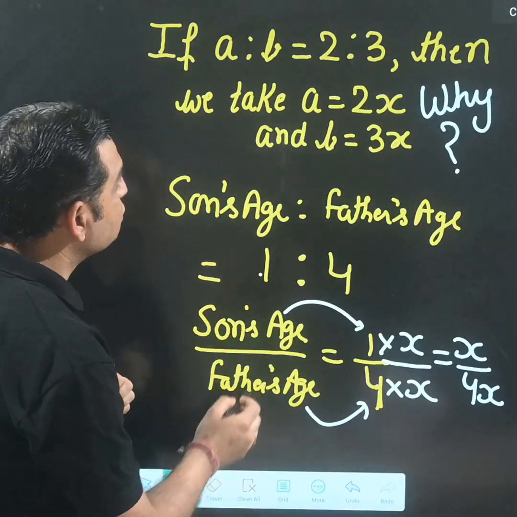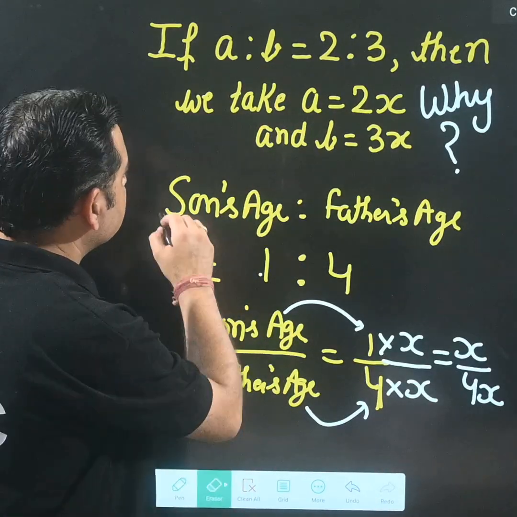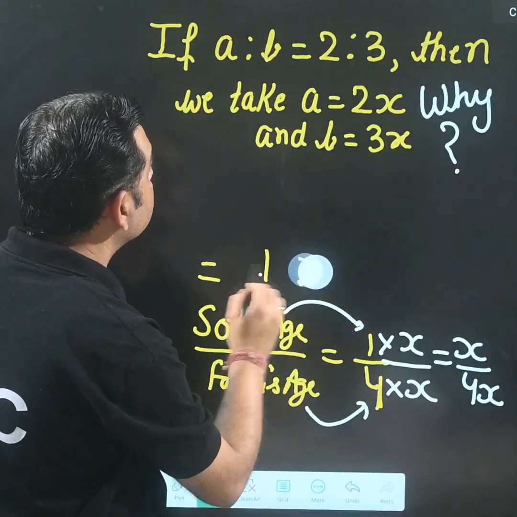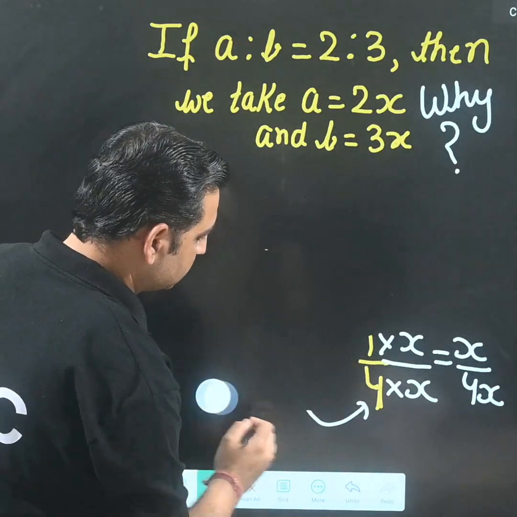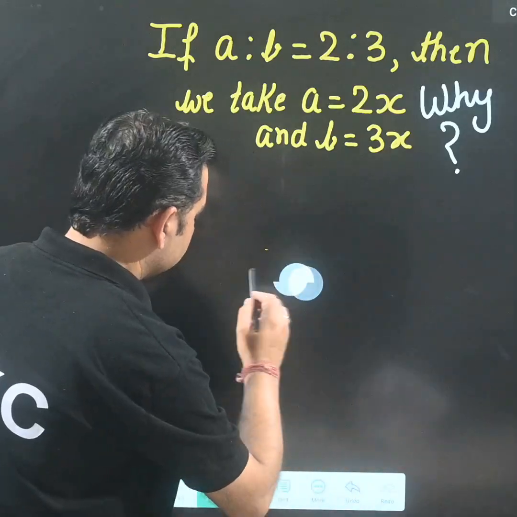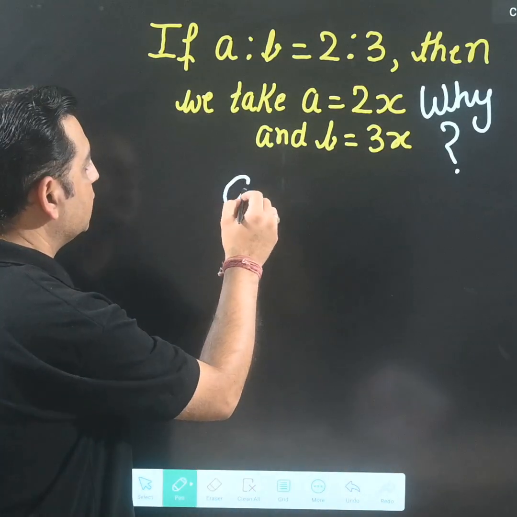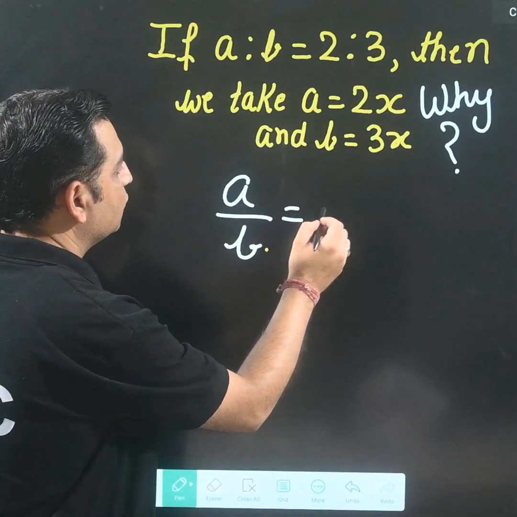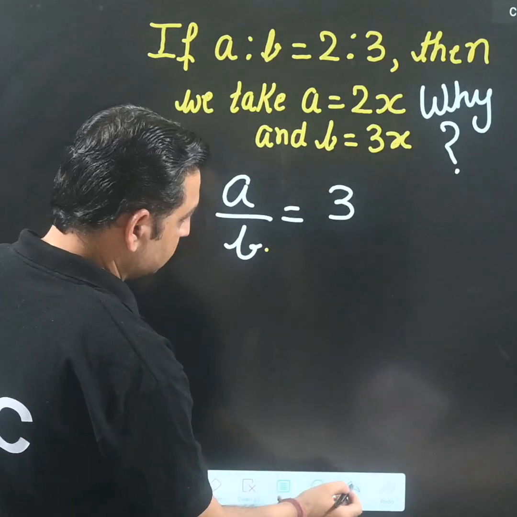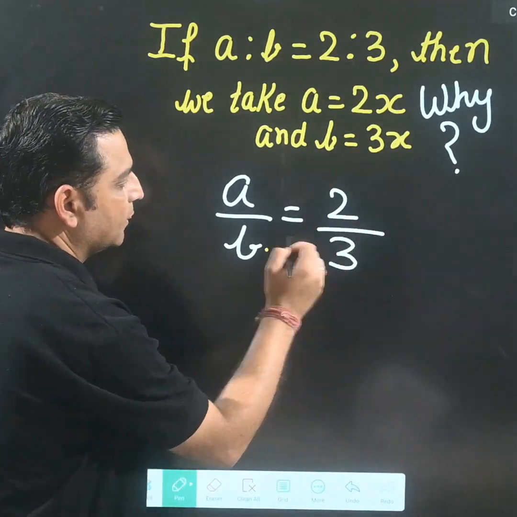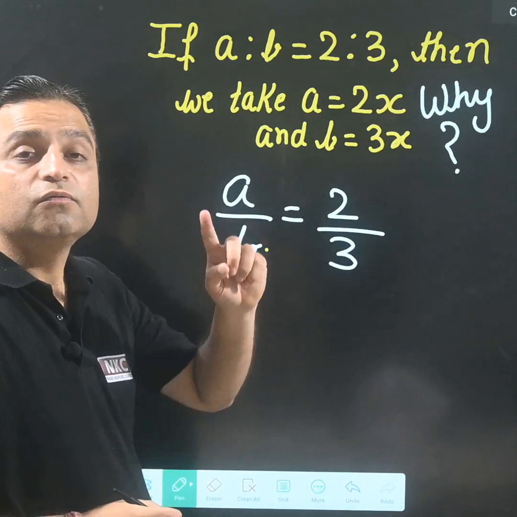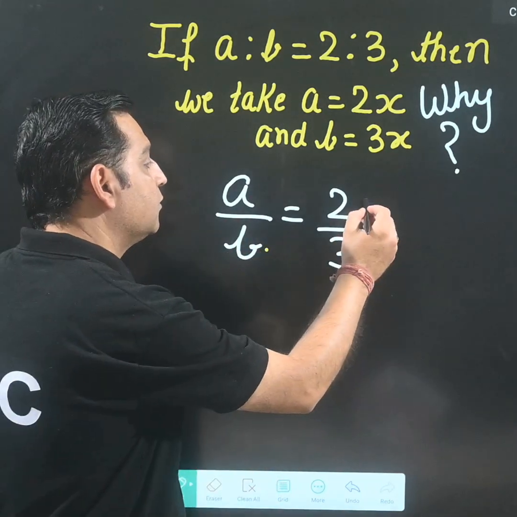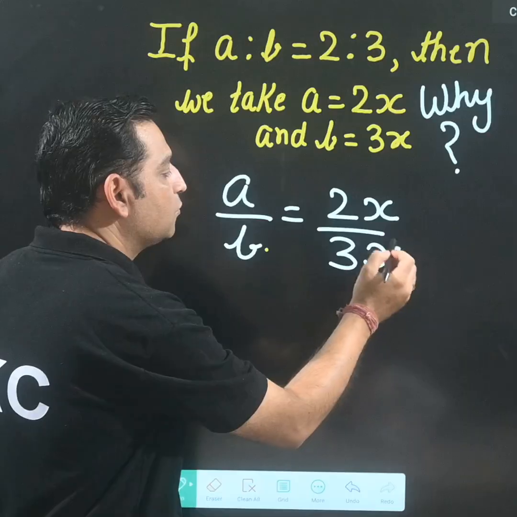Coming to the given situation now, it is given A ratio B is 2 ratio 3, right? When it is given, that means A over B is equal to 2 over 3. Now what we tell students is, 2 and 3 cannot be the exact values.